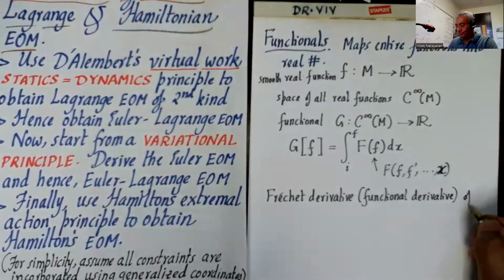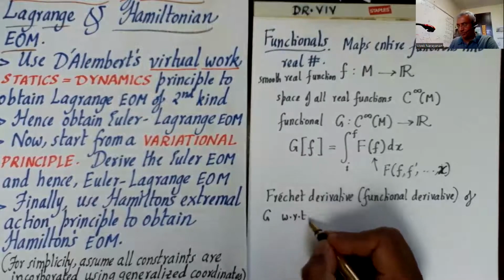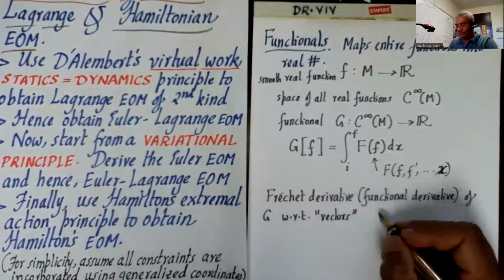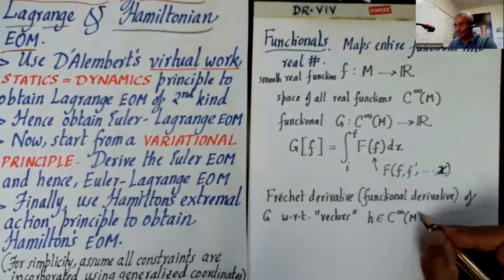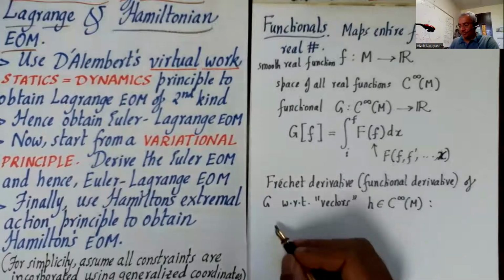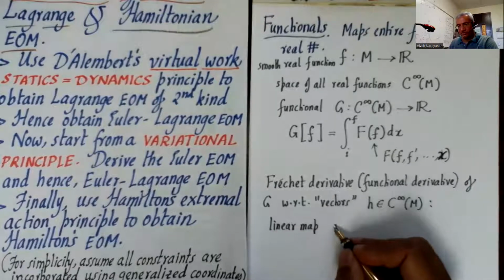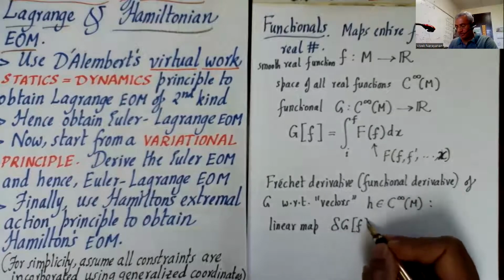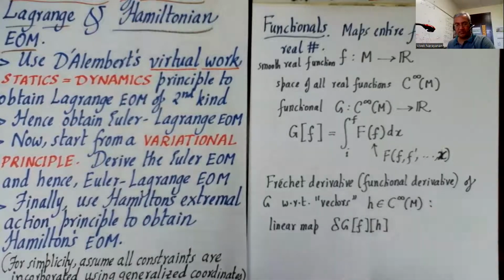The functional derivative of G with respect to vectors, which are themselves functions in the space of all smooth functions on the manifold. So what is it? I'm going to define this object. It's a linear map written like this: delta G F, and that's eating the vector.